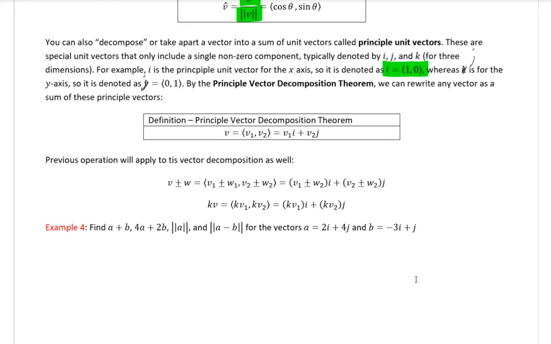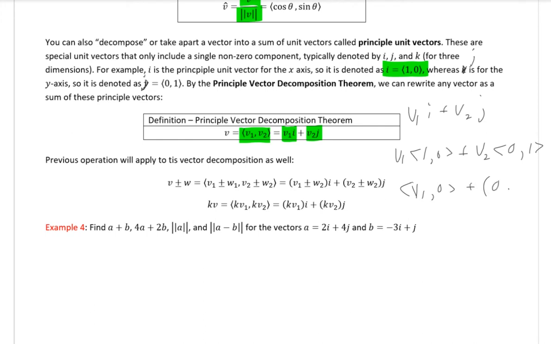You can decompose any vector very simply by taking its components and multiplying them by unit vectors. v1 times i and v2 times j will result in the same exact vector. If you have v1 times i plus v2 times j, where i is 1, 0 and j is 0, 1, then you get v1, 0 plus 0, v2, which is just v1, v2, or the original vector v.